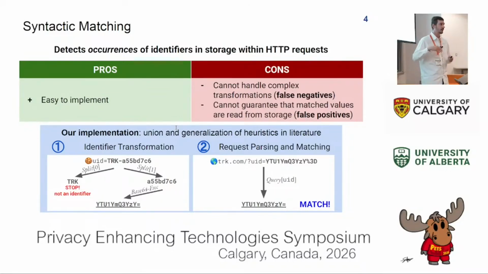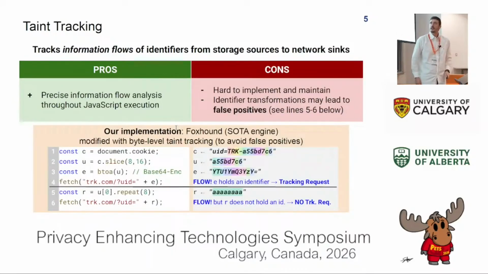And then we look for those identifiers within the parsed components of network requests, such as query parameters, like in this example. In this case, that request to tracker.com leads to a syntactic match, and it is a tracking request.